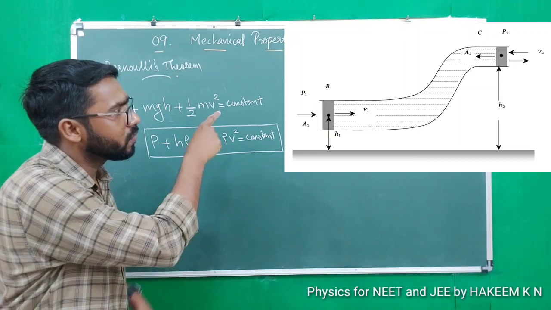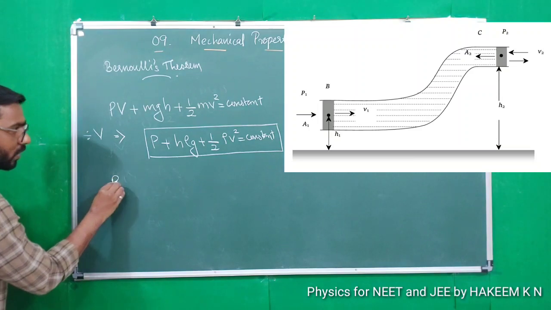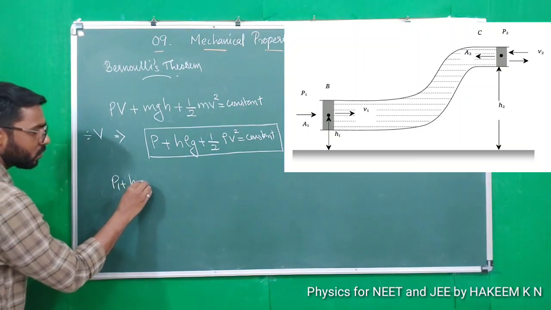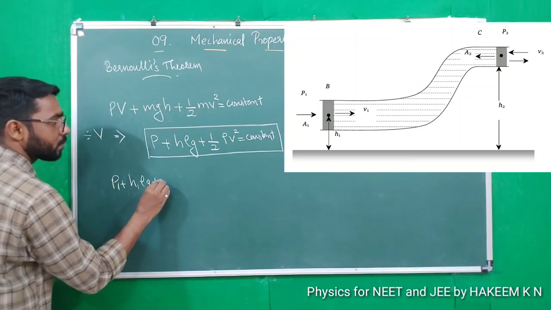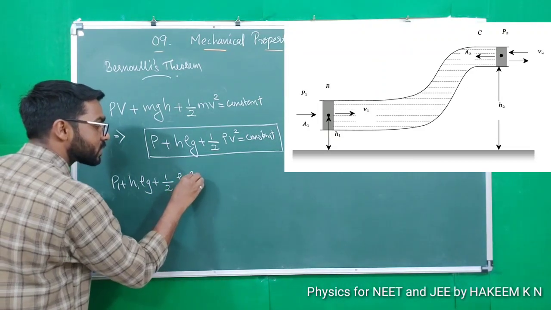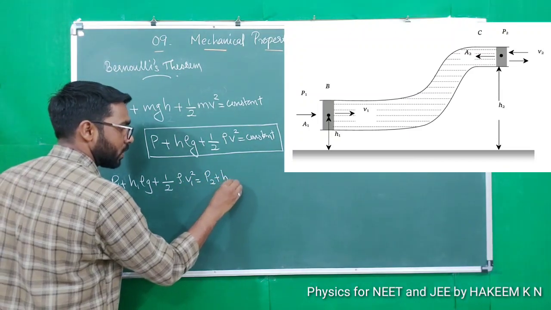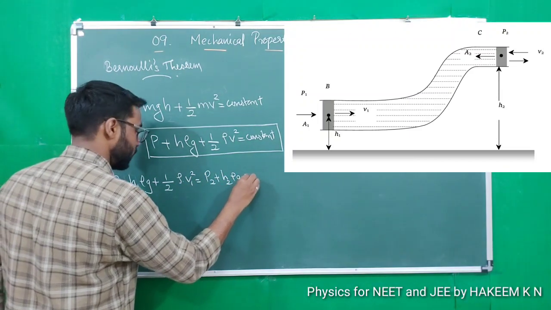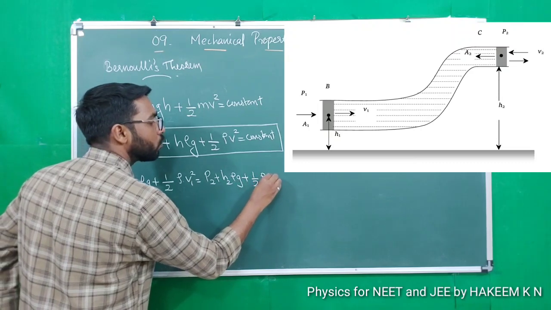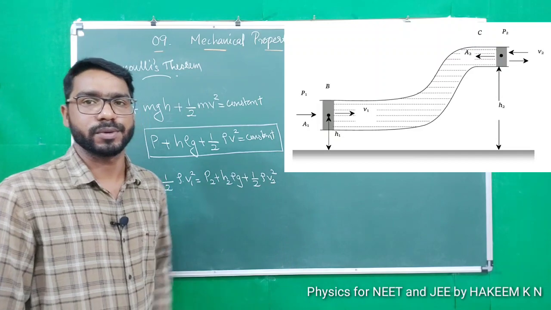So when the liquid is flowing through the pipe, P1 plus h1 rho g plus half rho v1 square equals P2 plus h2 rho g plus half rho v2 square.